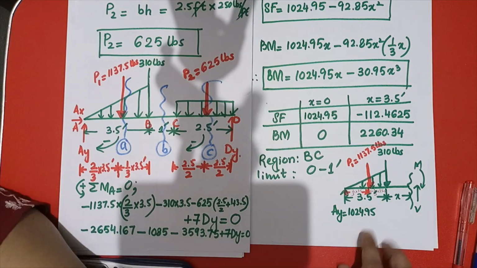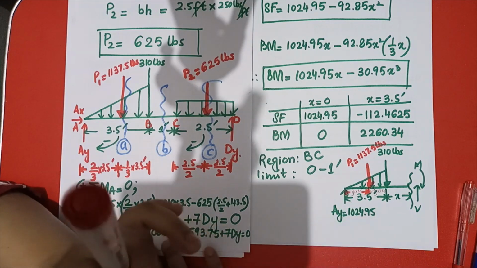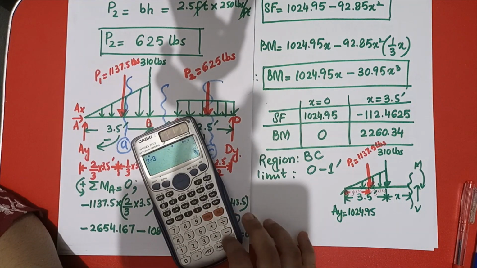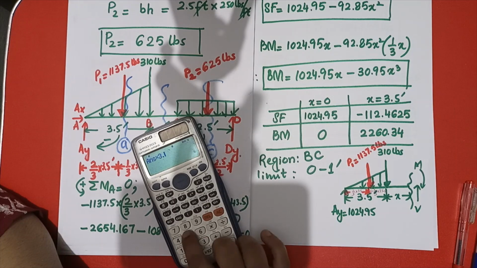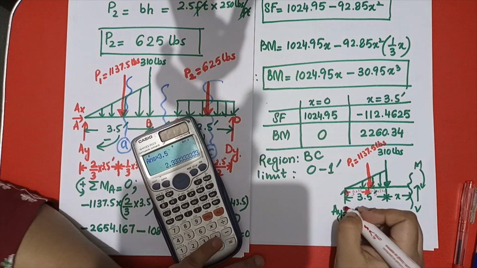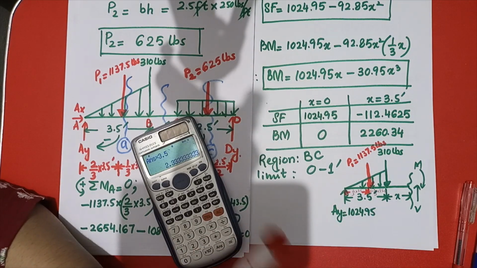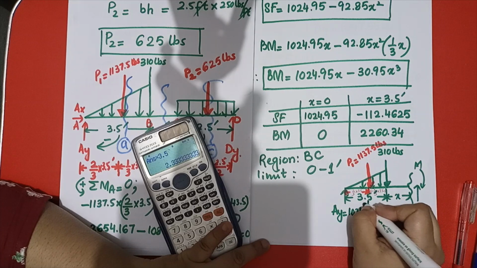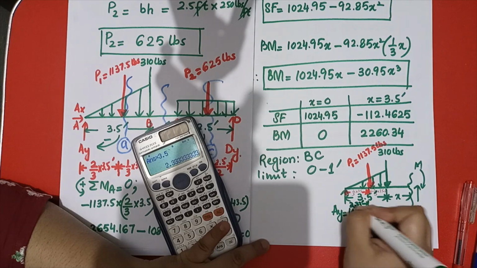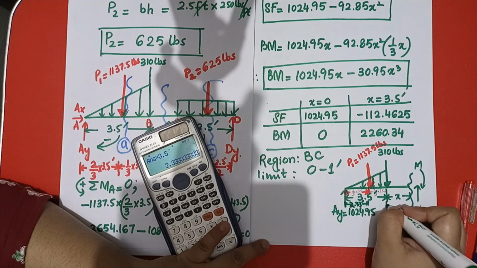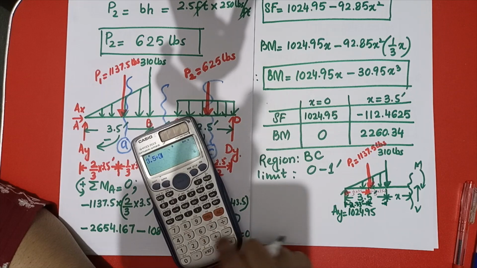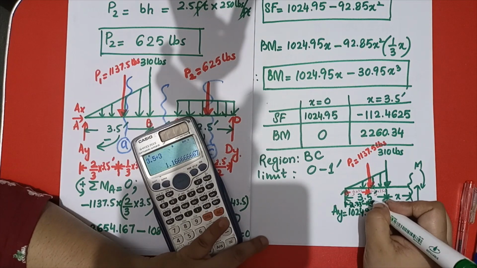Whether it is visible to you or not, I'm just calculating it. 2 divided by 3 multiplied by 3.5 comes out to be 2.33 feet, and 3.5 divided by 3 comes out to be 1.167.